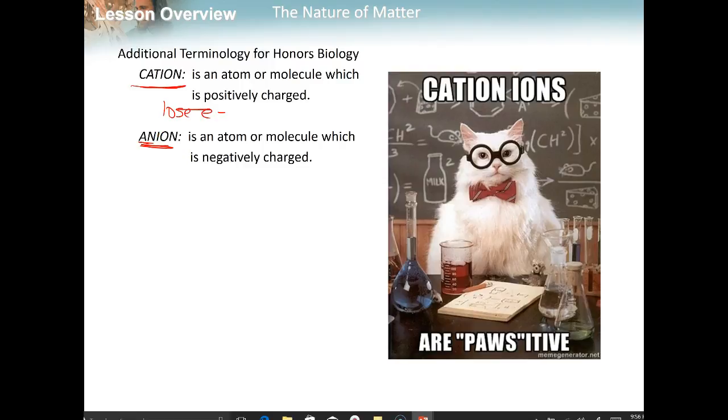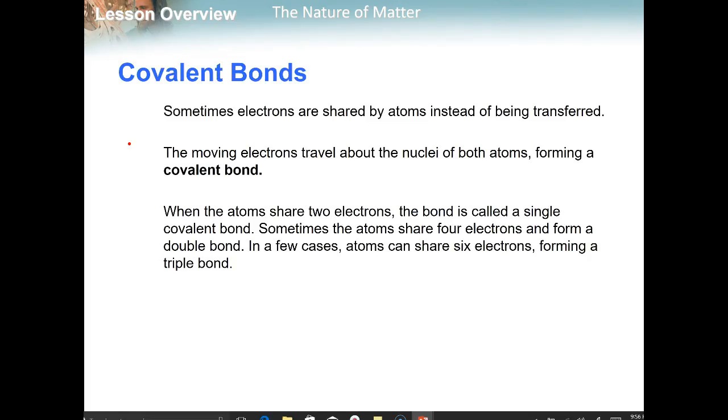So an anion means that it's going to gain an electron, or be negative. One way to remember this is that cations are positively charged. Or an anion, AN, a negative ion, is another way to remember that. So again, make yourself familiar with those terms.